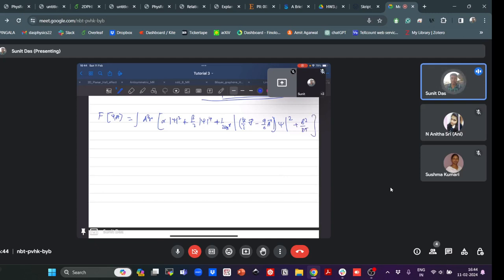Now we will simplify this equation, especially this part should be simplified more.